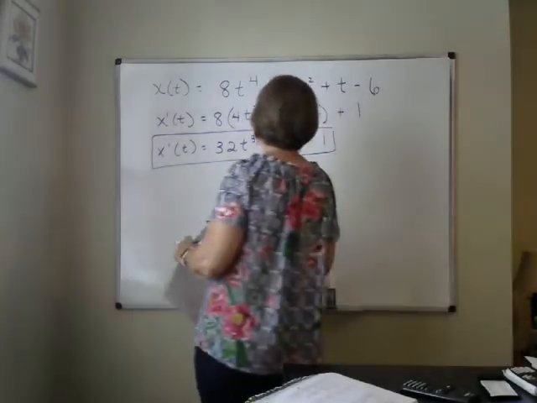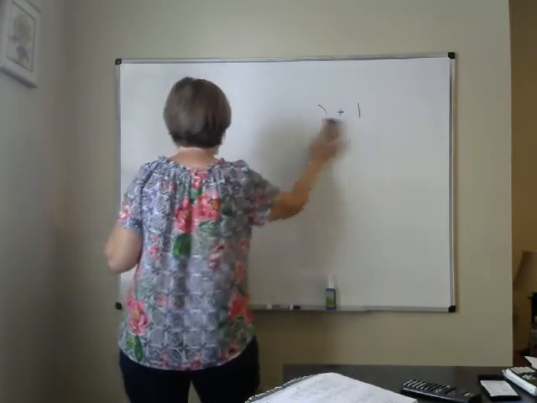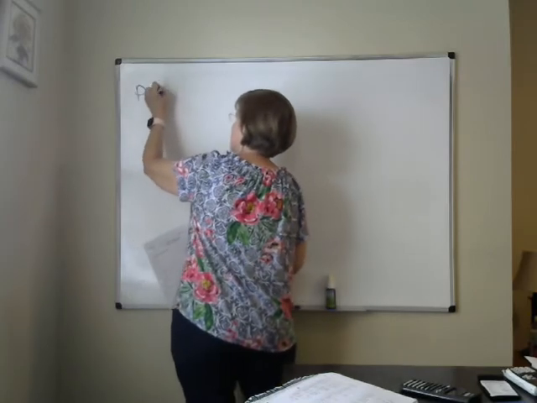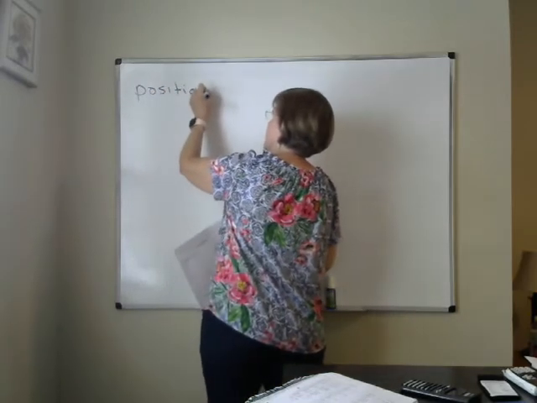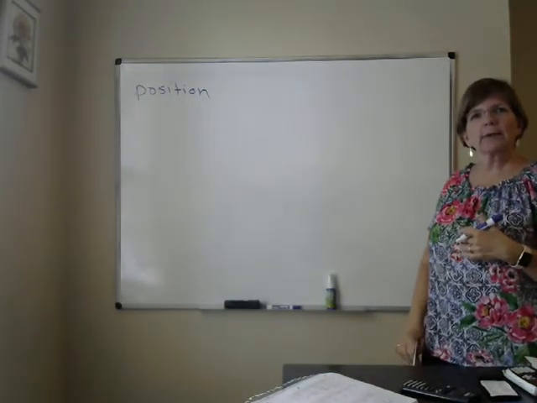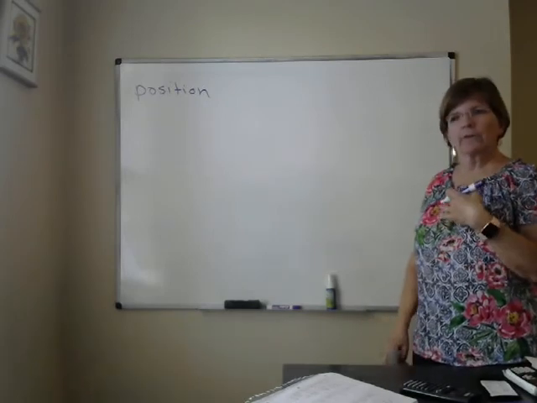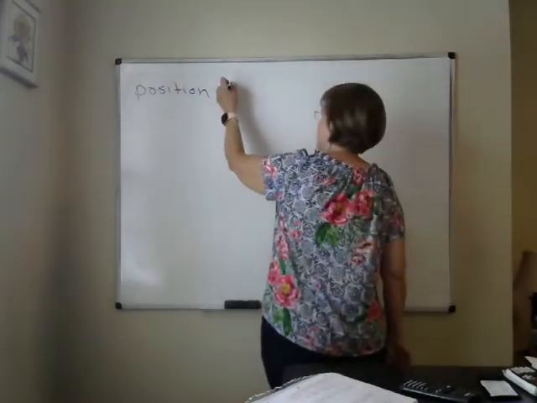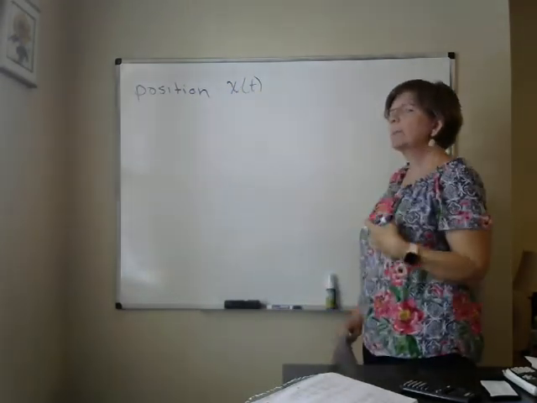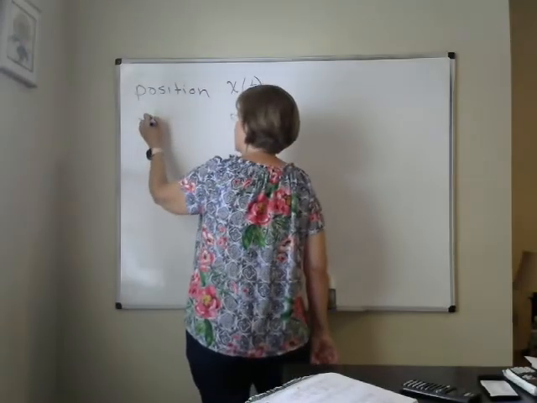So position is typically going to be represented as either a function of x or y, depending on whether we're doing a problem that's horizontal, which is probably most of the time, or vertical. So we would let that generally be x of t. That says the position is a function of time. That implies that the position may be changing.